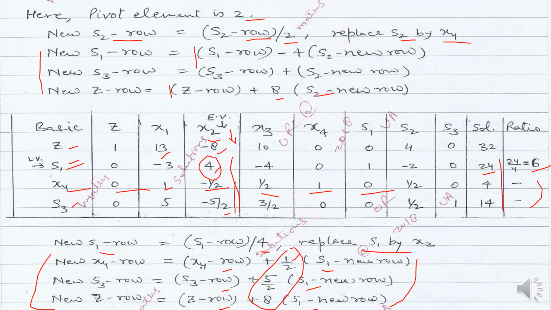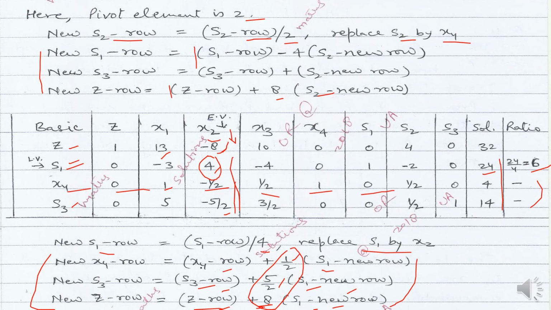For s3 row it is 5/2 with minus sign, so -5/2 becomes +5/2. And for z row this is -8, so -8 becomes +8. So these are the elements we got here, and these are the old rows: x4 row, s3 row, z row, and this is the new s1 row.